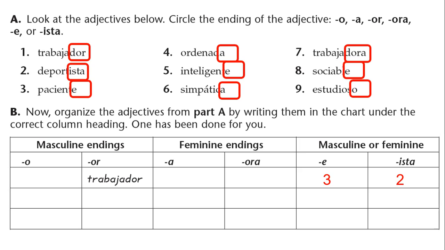Ordenada ends in an A, so that is a feminine ending. Inteligente could be masculine or feminine because it ends in E. Simpática ends in A, so it's feminine. Trabajadora, it ends in A, but really it ends in ora, so that is feminine still. Sociable ends in E, so it could be masculine or feminine. And estudioso ends in O, so it is definitely masculine.